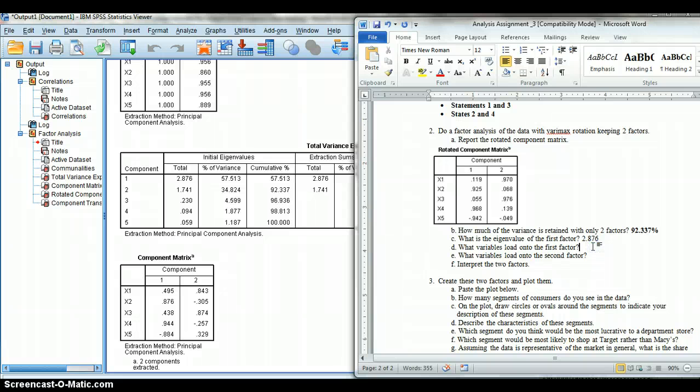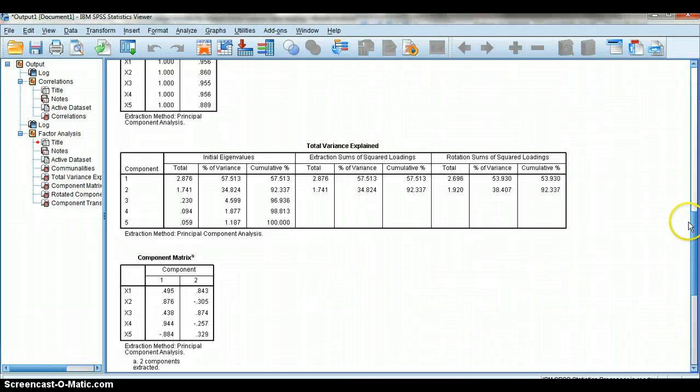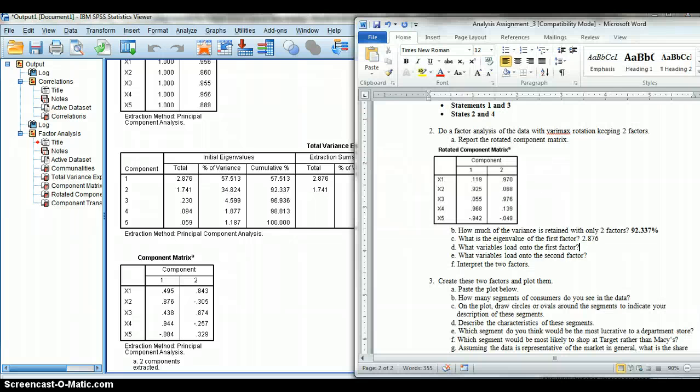What variables load in the first factor? So we have to look at the rotated components matrix, which we copied up here. So number one, we have x2 and x4. Just bold these. What variables load in the second factor?